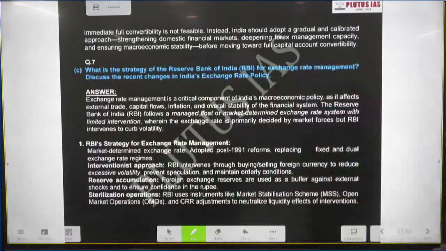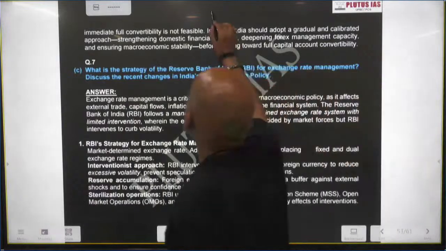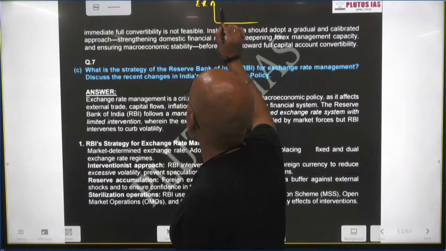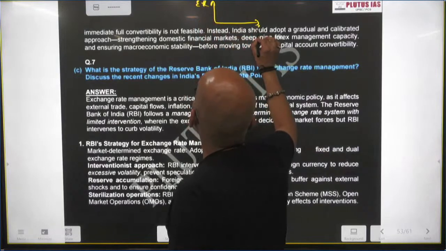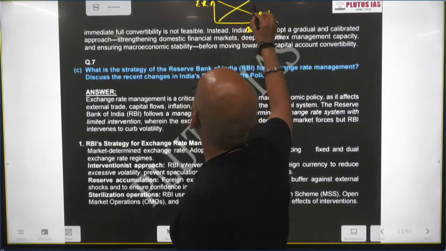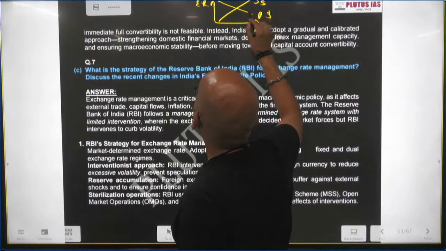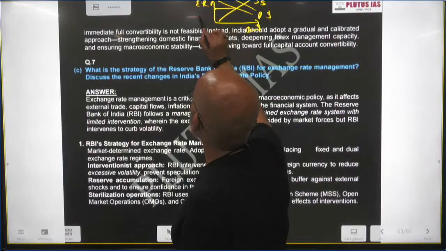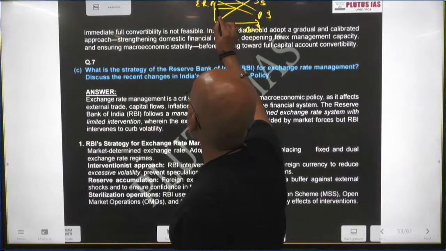RBI intervenes through buying or selling of foreign currency, as we all know. Here is the graph. Here we take exchange rate, and here the quantity of dollars. So this is demand of dollars. This is supply of dollars. So if demand has increased, you can see the exchange rate will increase.